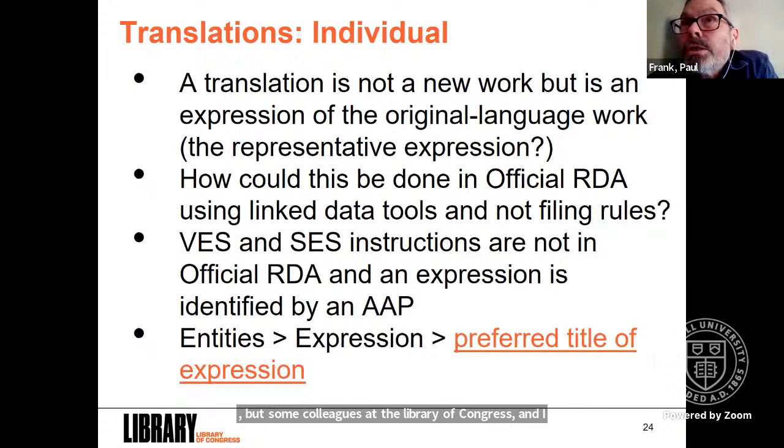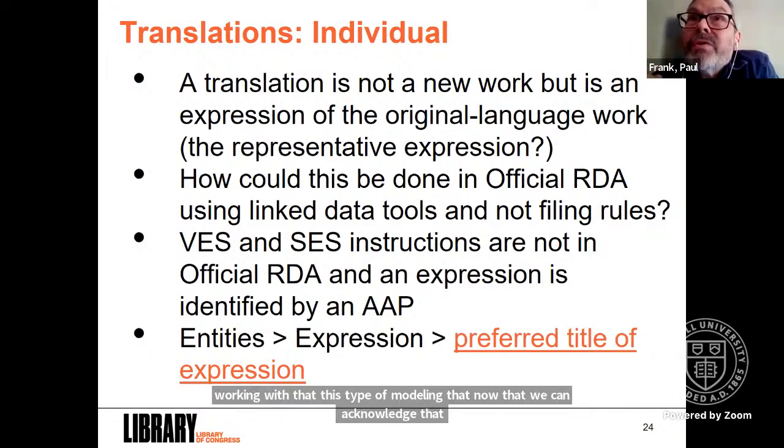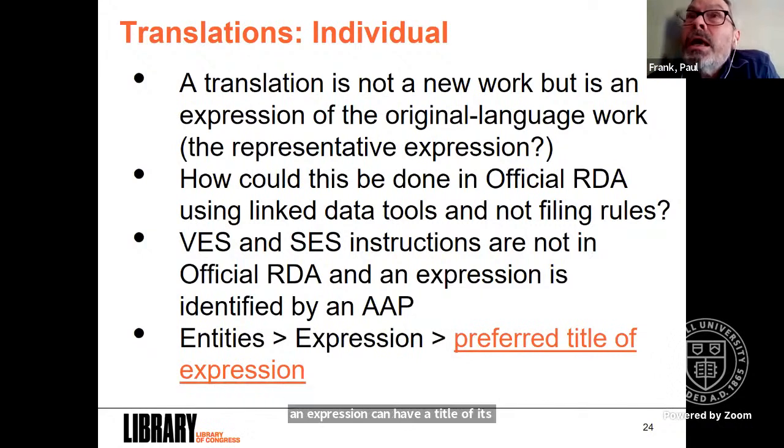And I'm proposing, and I think I'm representing the views of the small group that I've been working with, that this type of modeling, now that we can acknowledge that an expression can have a title of its own, can change the way we describe translations. And I'm talking about an individual work here, not an aggregate. We're down to the individual work itself.